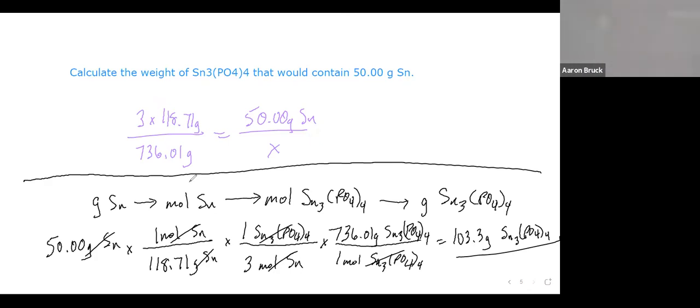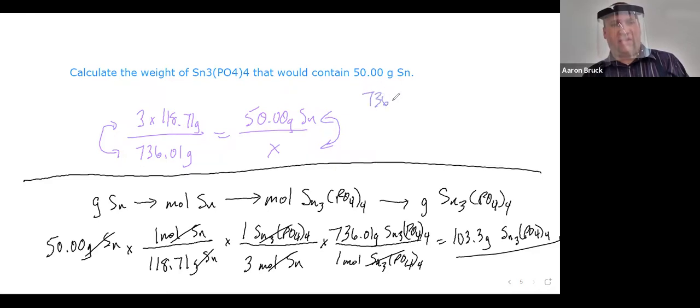Now, like I said, the issue that you're going to run into in this one in particular is that because the X is in the denominator, algebraically, it's going to be more difficult to work with. The easiest thing to do to get rid of that scenario is to flip it. If I flip both sides of the equation, I'll get 736.01 grams over 3 times 118.71, which is 356.13 grams.